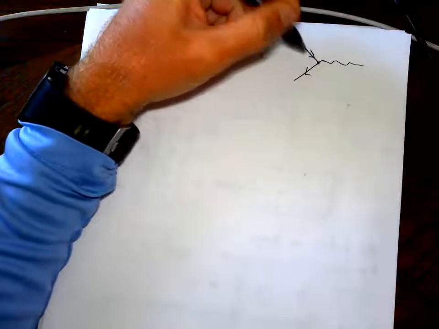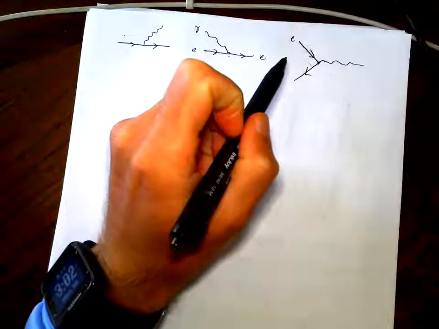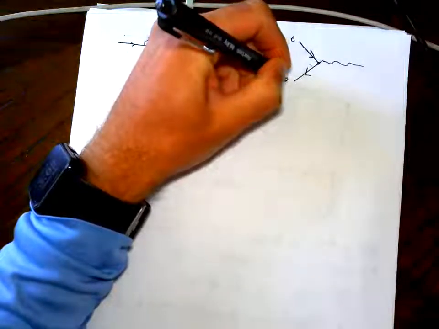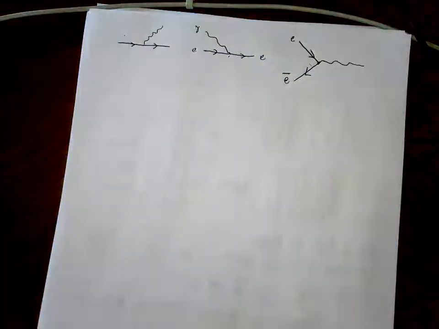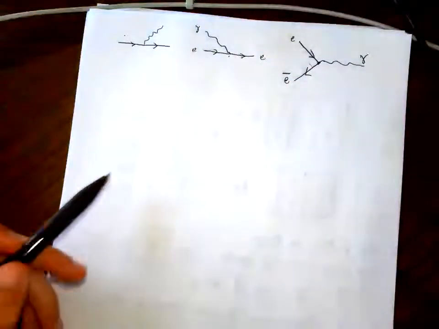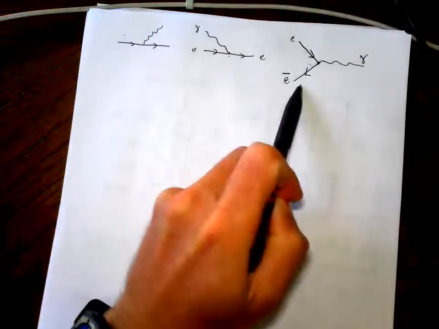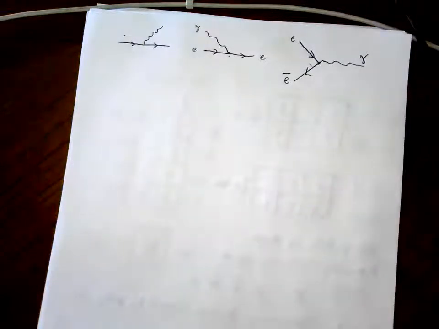And this arrow, because this arrow is going to the right, time is flowing to the right. This arrow is going more to the left. So that's against the arrow of time. And any arrow that goes against time is an antiparticle. So this would be an anti-electron. Okay. So that's an anti-electron, and this is a photon. So this represents an electron and an anti-electron colliding with each other and transforming into a photon.